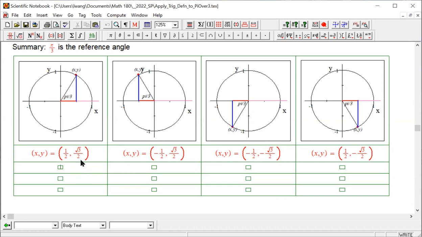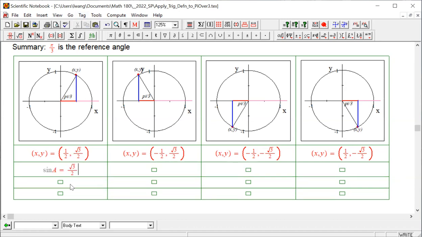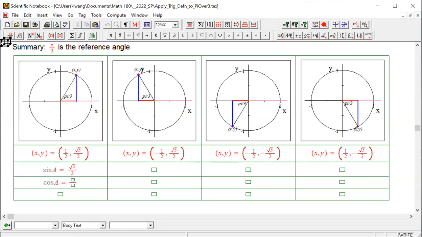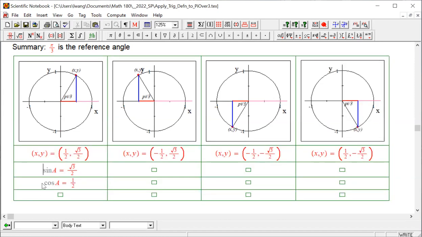Now, right, sine, cosine, we all find them. So sine of any angle that terminates on that terminal is going to be the y, right? And cosine is going to be 1/2, right?